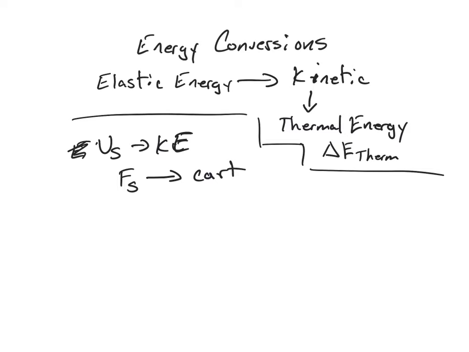So the spring is exerting a force on the cart as it unstretches, causing it to speed up. The conversion of kinetic energy to thermal, so KE to delta E therm, is caused by the force of friction on the cart. Okay?